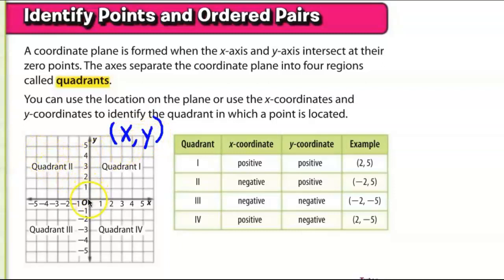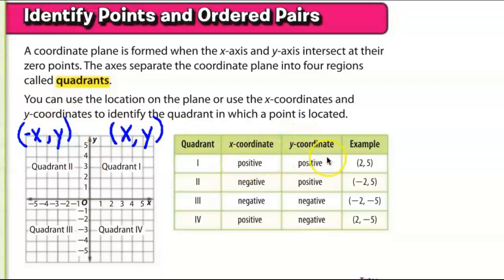For quadrant 2, however, you'll notice this is the x-axis. All of these are going to be negative numbers. So for quadrant 2, the x values will all be negative. But in quadrant 2, you'll see the number line up here, these are all positive. So the y value will be positive.